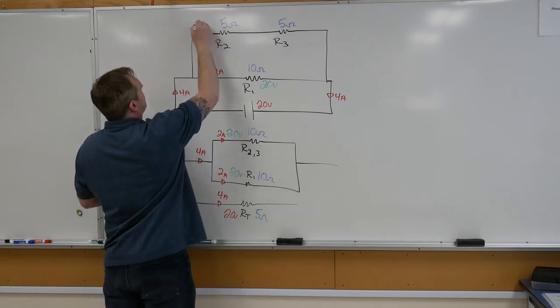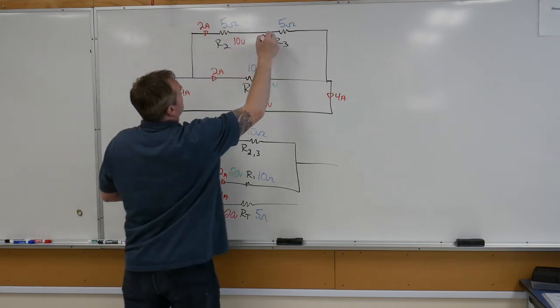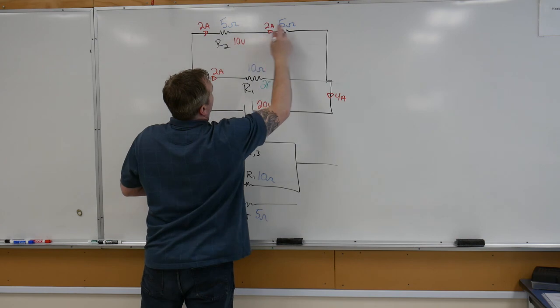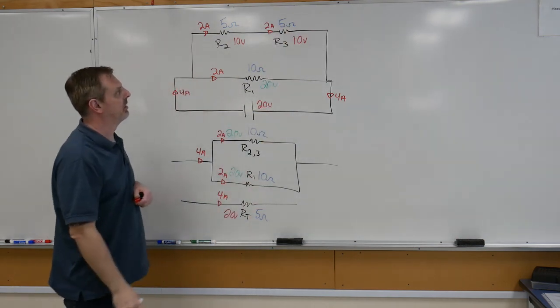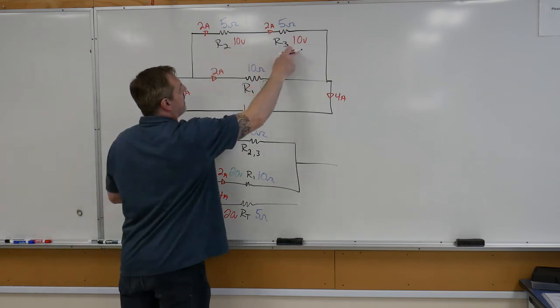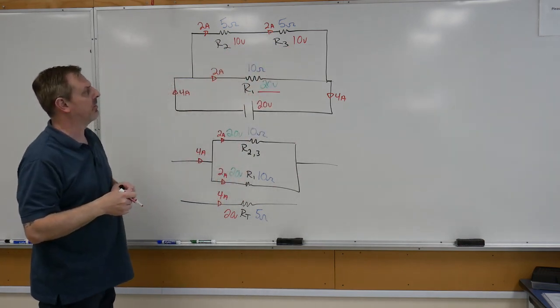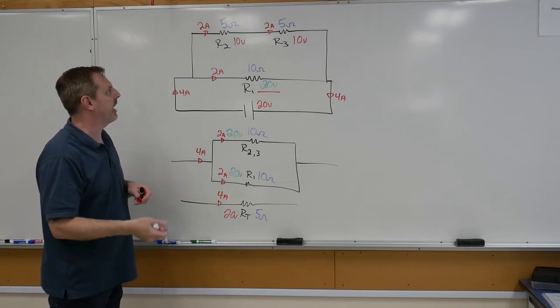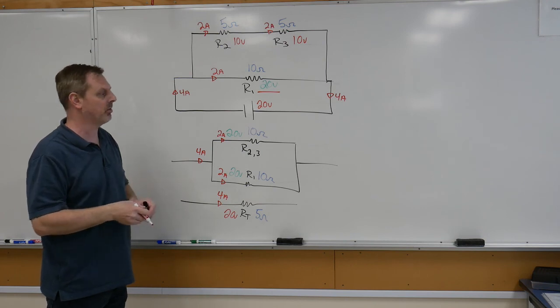So that 2 amps up here is 2 times 5, giving us 10 volts there. Another 2 amps still flowing through there, 2 times 5, giving us 10 volts there as well, okay? 10 plus the 10 equaling the 20, okay? So that satisfies our law of voltage drops, have to equal the source, or in other words, the parallel portions all have to equal as well.